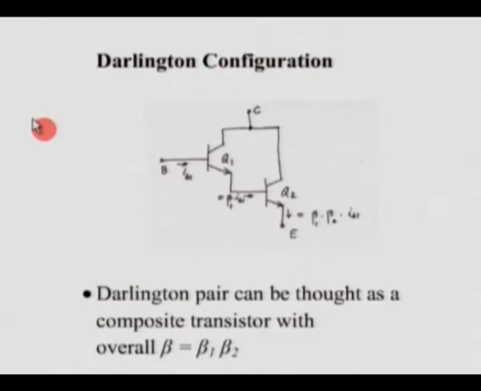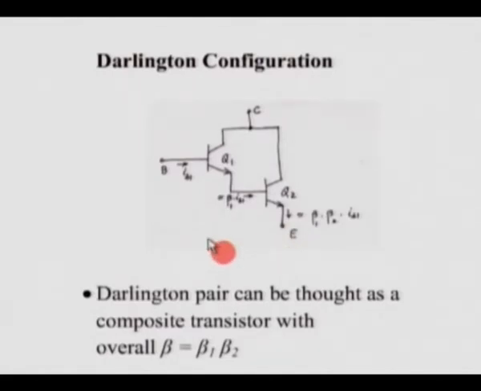In a Darlington configuration, you are essentially cascading two BJTs by connecting the emitter of the first BJT to the base of the second BJT, connecting the collectors of both the BJTs together, and then taking the output from the second emitter.